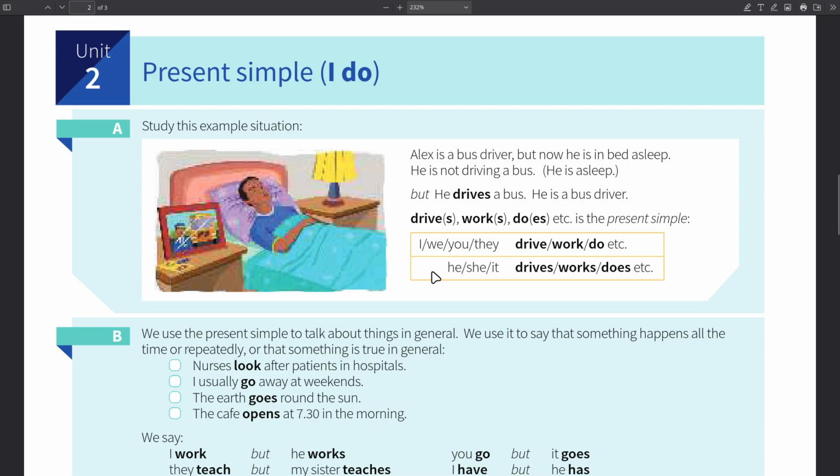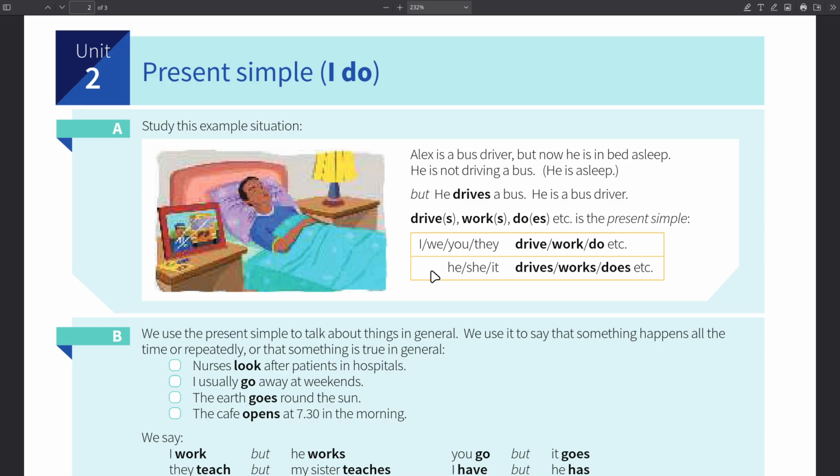Okay, so remember, when I talk about the first person, in this case, myself, I, right? Or when we're talking about a second person, in this case, you, right? Or when we're talking about a plural, in this case, we, so that includes yourself and another group, right? Or we're talking about they, right?